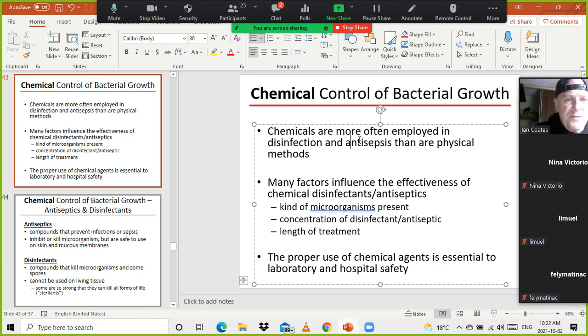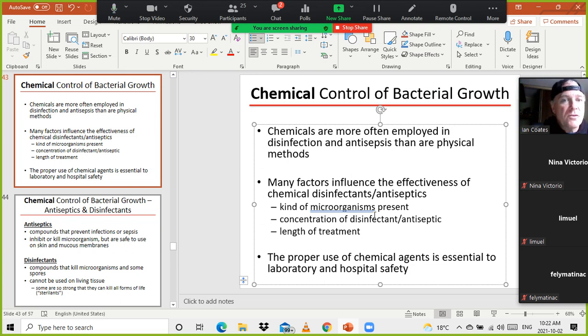Many factors influence the effectiveness of chemical disinfectants and antiseptics. What kind of microorganism it is will determine what approach we use. Concentration matters: I think they say any ethanol over 70% is an effective way to stop the coronavirus, and anything under 60 or 70% is ineffective.